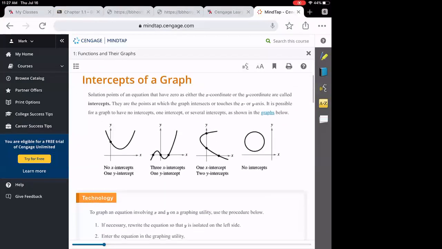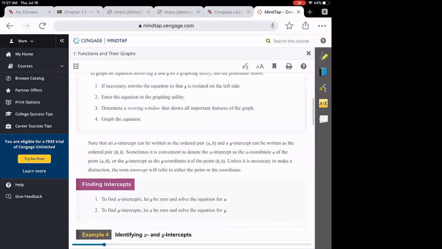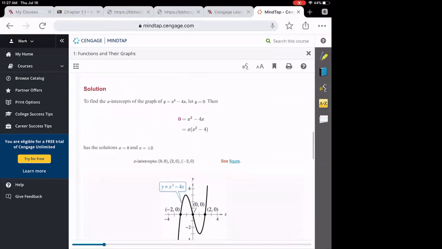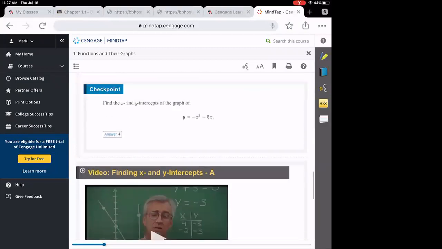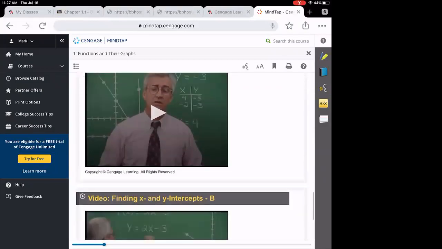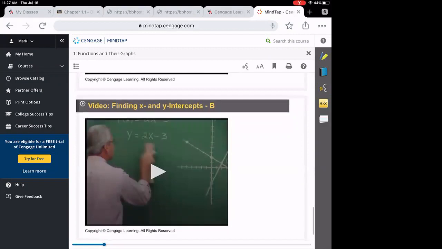Then they talk about symmetry. An intercept is where the graph intersects the x-axis. We talked about it briefly. So look through these videos, and don't forget, I showed you today where videos are, and some of them are built into the notes too.